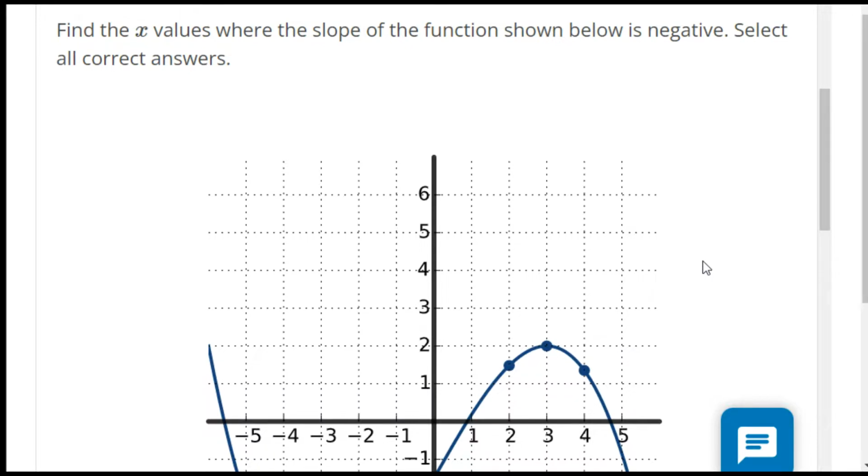Find all the x values where the slope of the function, here we go again. Man, oh man. Find all the x values where the tangent line to the function has a slope which is negative.